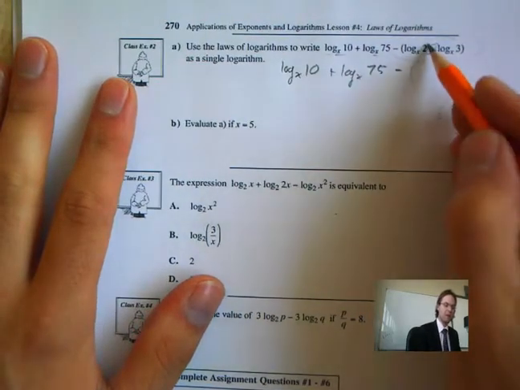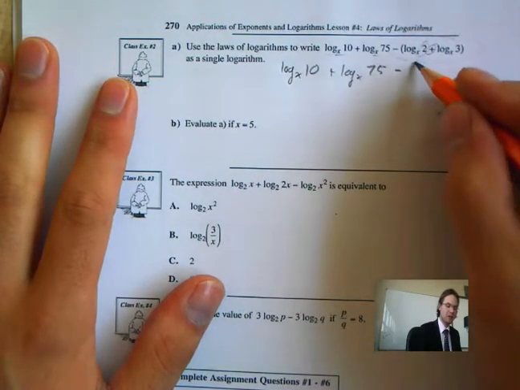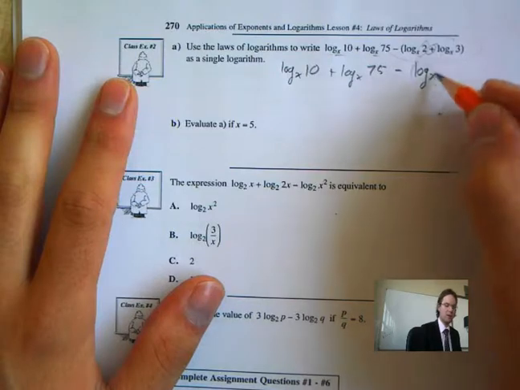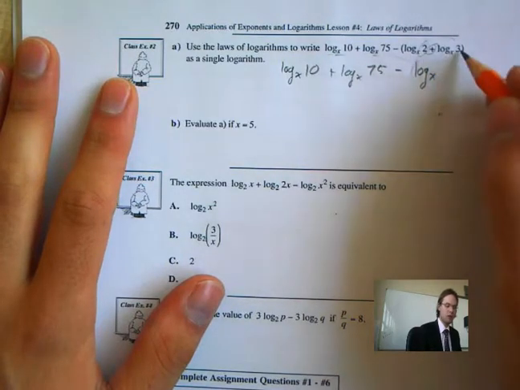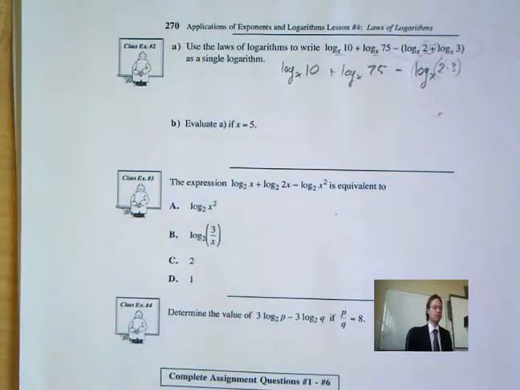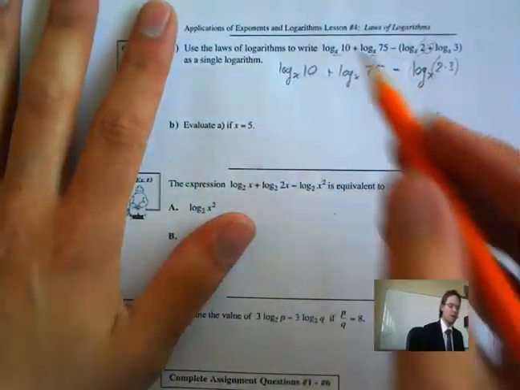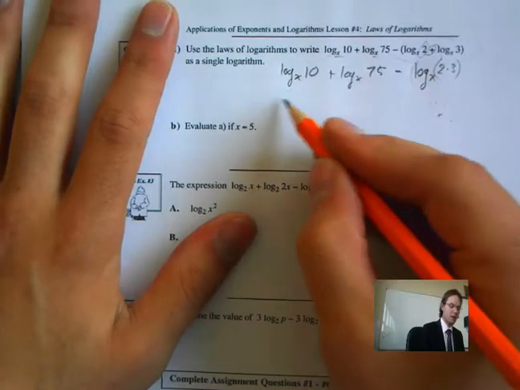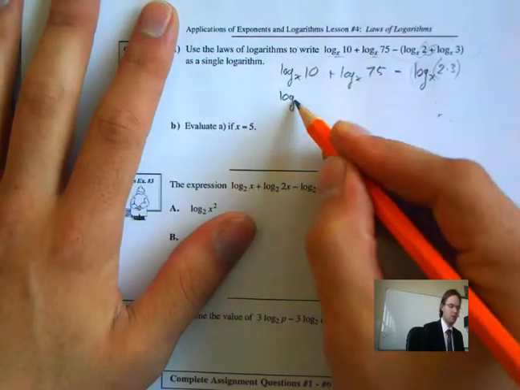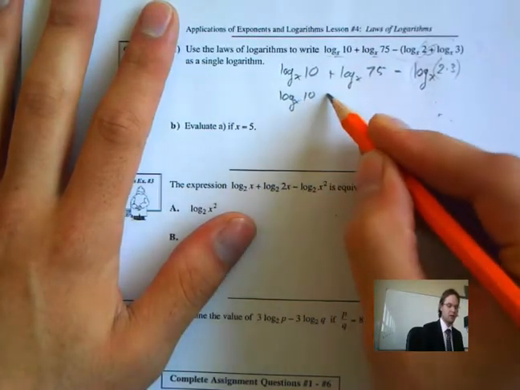So if we were adding, that meant we were multiplying. So it's going to be the same as log, the base x of log, 2 times 3, which is equal to 6. Okay? So I'm going to continue this out, and we're going to end up getting log, all these in base x.